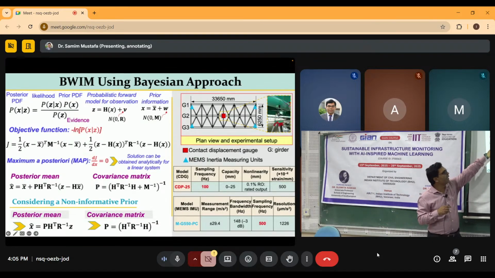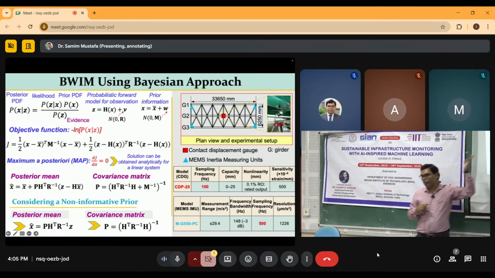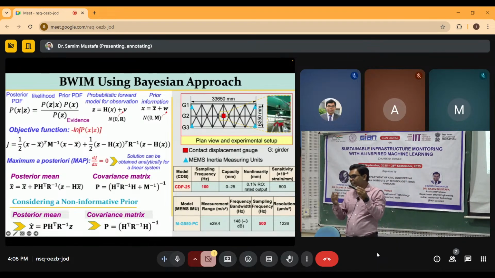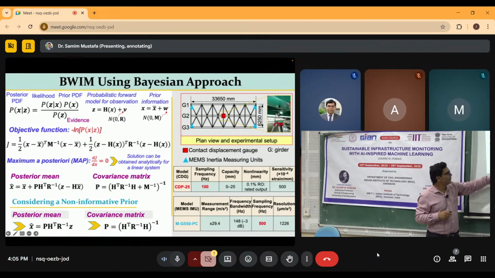Now here there is a prior, but we will not have any prior information because each vehicle is unique. I don't have any prior information, right? So I only have the response. From the response I have the likelihood. So I can get rid of this. So this is called a non-informative prior.